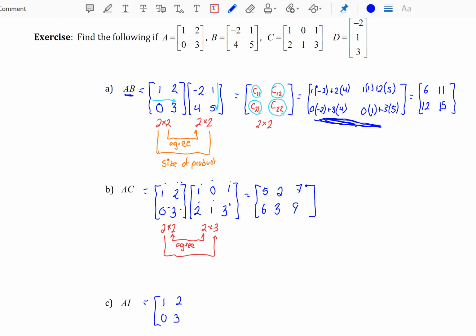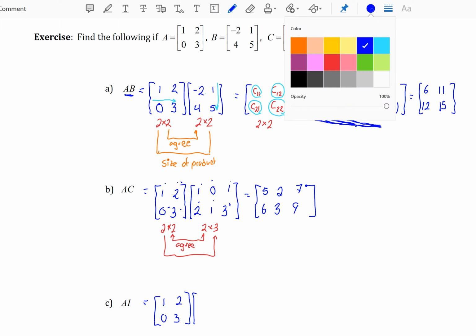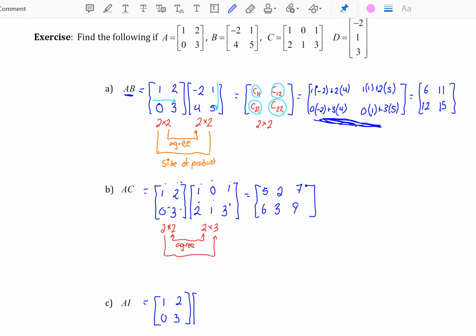Here's matrix A. And now matrix I. Recall we said that matrix I, also referred to as the identity matrix, is a square matrix. It's a diagonal matrix with entries only on the main diagonal that are all ones. So it would have to look like 1, 0, 0, 1.